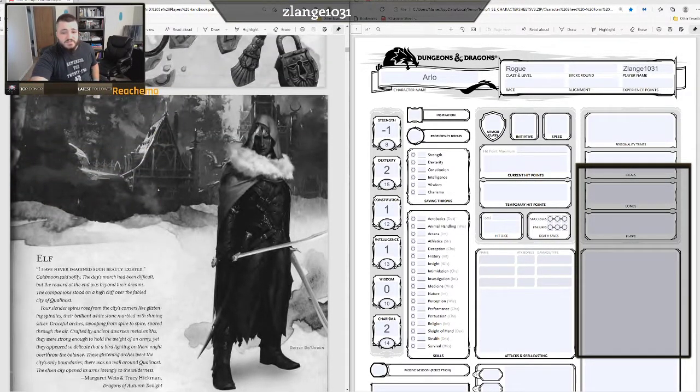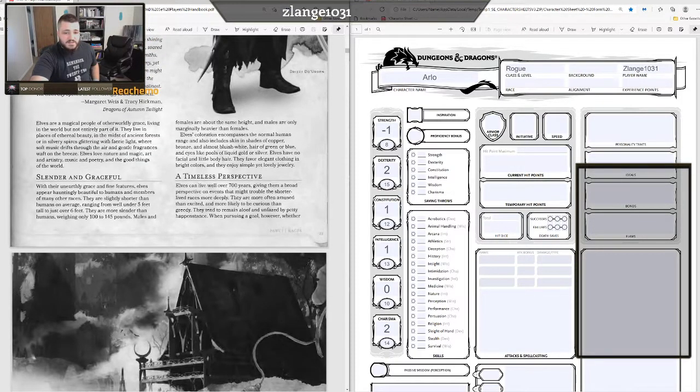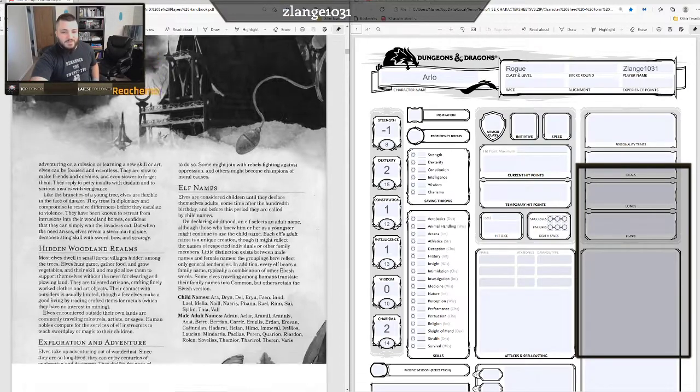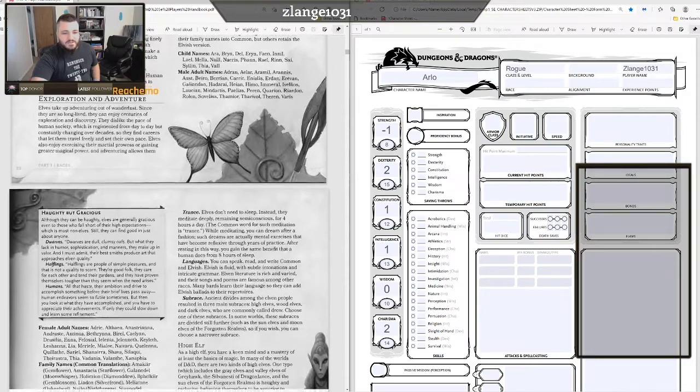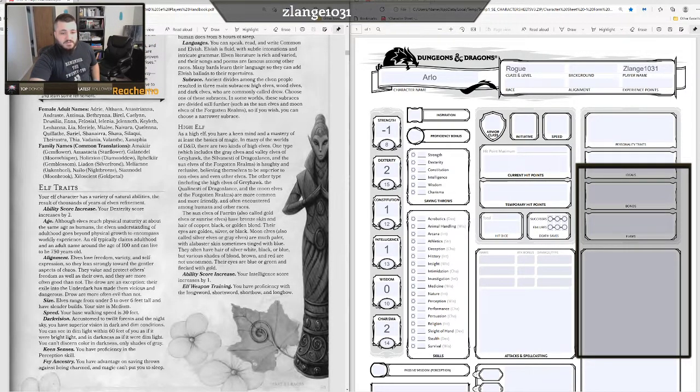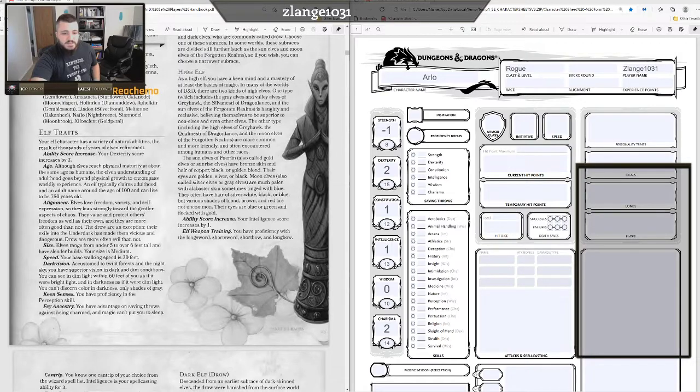Now you have our elves, which are, as you can see, more slender and graceful. I'm not going to go into explaining everything like I did for the dwarves, but we'll pick out the important things. Okay, your names, your traits, dexterity score goes up by 2, which means they'd be good rangers. Or rogues, like we're playing rogues. Size, speed, dark vision, keen senses, proficiency in the perception skill.